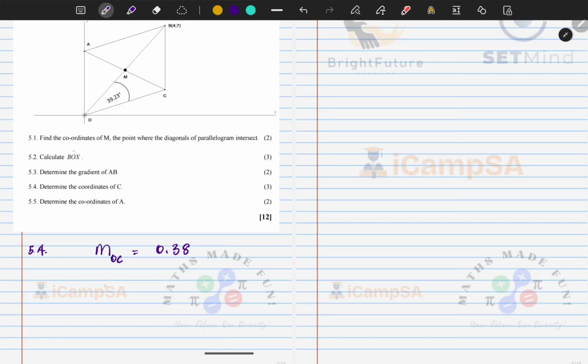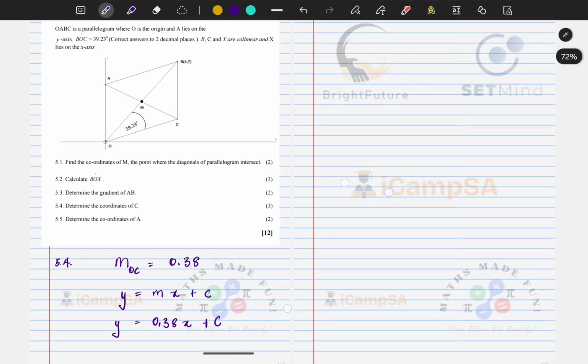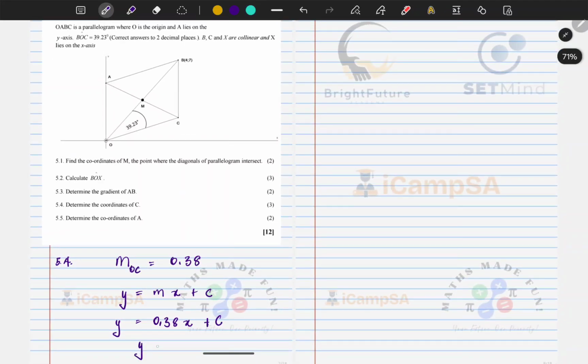So it means that you are going to have y is equal to mx plus c, and then your y is going to be 0.38x plus c. Right, so c is going to be 0, because this is a straight line passing through the origin, right? So our equation is going to be y is equal to 0.38x.